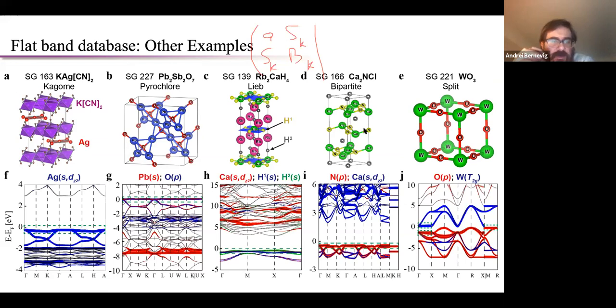Well, as I said, the way we check it, or maybe I didn't say it well enough, is, for example, we look at the bipartite sublattices. I gave you this example, which is the simplest one you can visualize. That's one way.